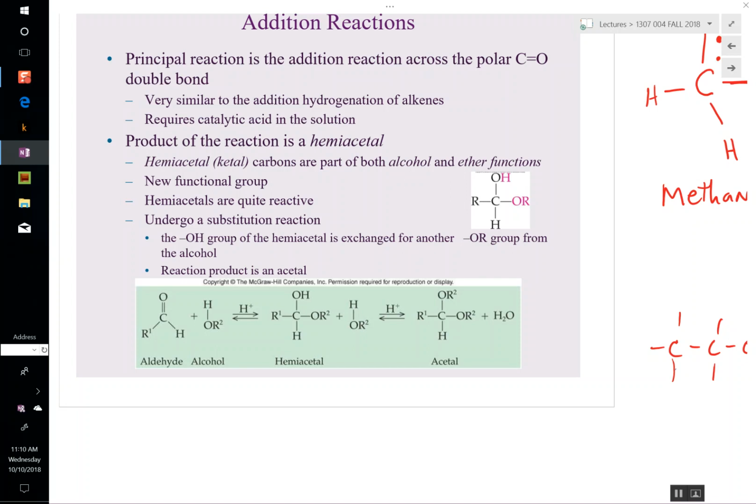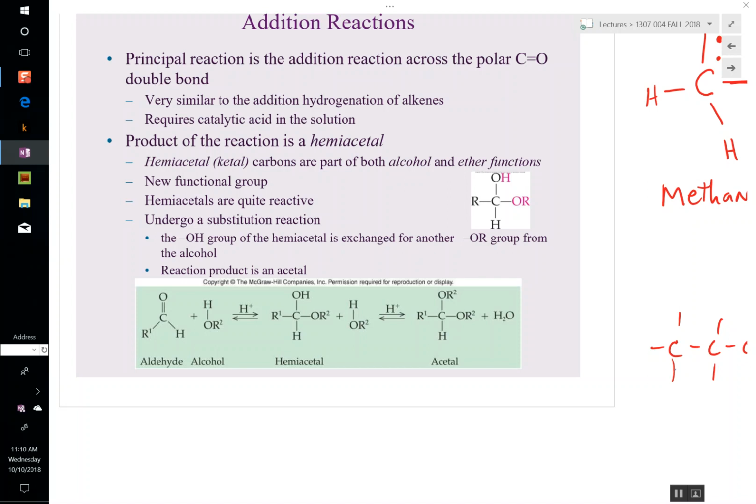See that H went onto that oxygen, and this OR, whatever it was, went onto the carbon. And that is the hemiacetal. And if we took that hemiacetal and reacted it with another alcohol, we would get the acetal.